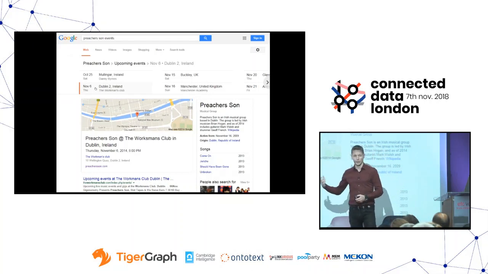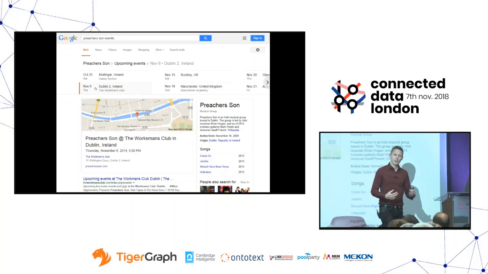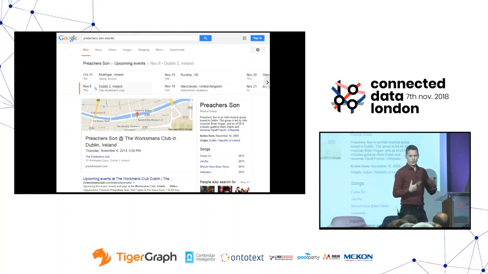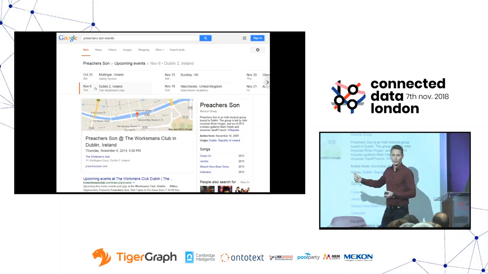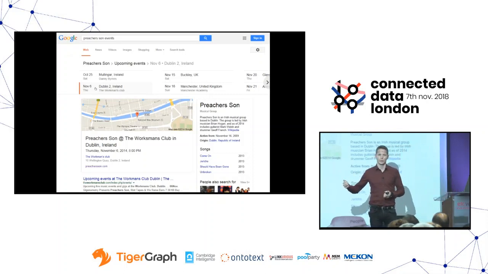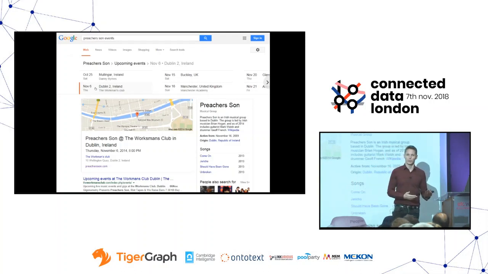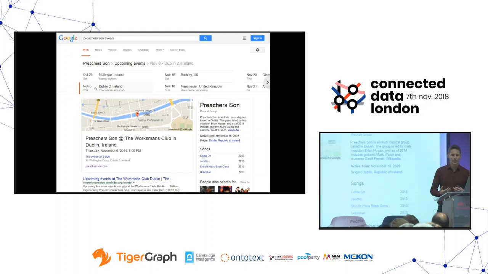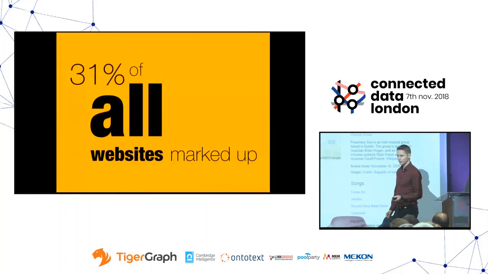So in this case, the Preacher's Son, they get their data out there, they get it discovered. Effectively, it helps them to get more people to show up at their concerts. Google is able to provide much better user experiences, much better results to end users, and end users obviously benefit from those results. So it's kind of a virtuous cycle where everyone benefits, and this helped a lot with the adoption of all of those technologies.